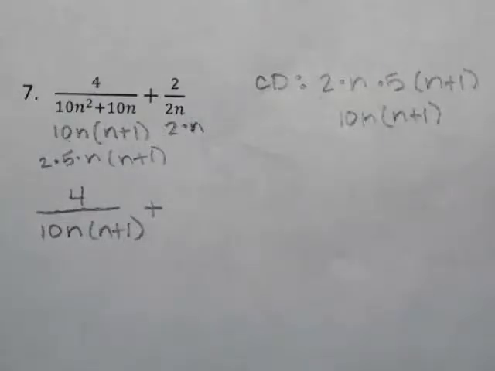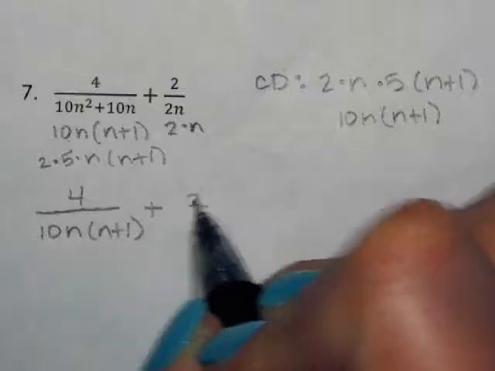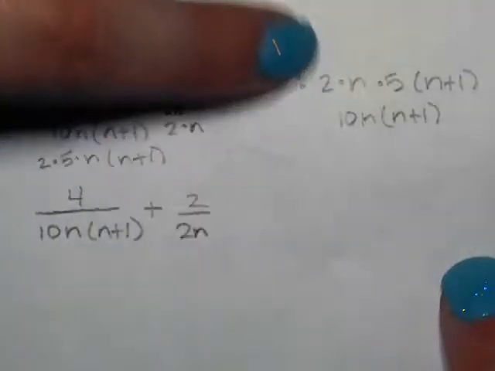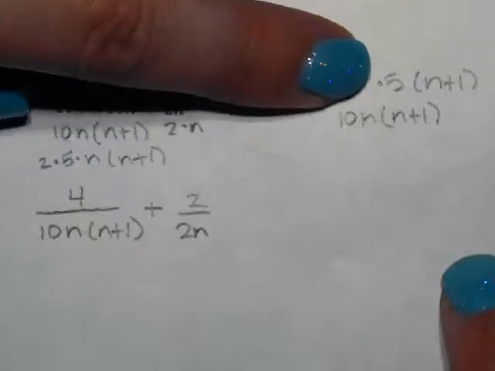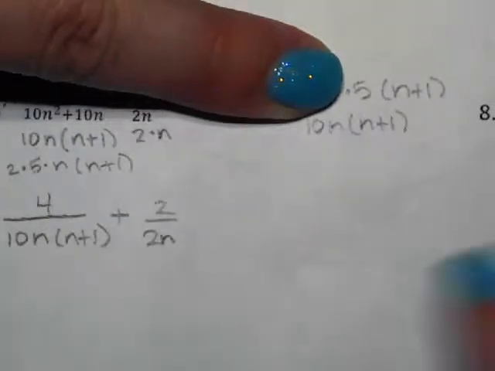So I'm going to cover up the 2n in my common denominator over here. What does it need? It needs a 5, and it needs an n plus 1. Okay.